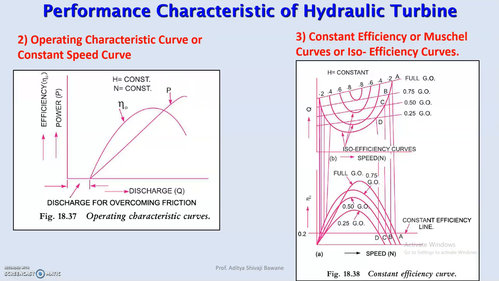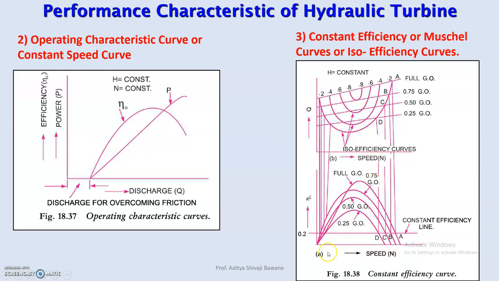Third characteristic curves are constant efficiency curves or Muschel curve or ISO efficiency curve. Now what the scientists or researchers did, they performed various experiments and from that they concluded that for a particular efficiency there are two different speeds.